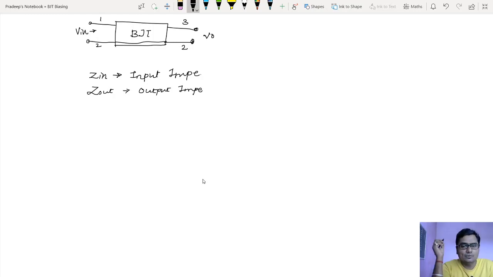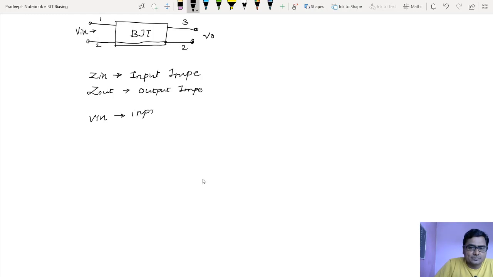So now a total of 4 parameters are there if I am treating BJT as a 2-port network. What are those 4 parameters? First parameter is input voltage. It's not voltage all the time, it is just an input, but for our reference I am considering voltage because we are in voltage amplifier. We have to discuss BJT as a voltage amplifier, so that's why I am writing voltage.